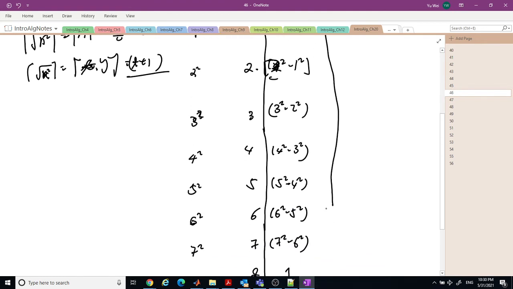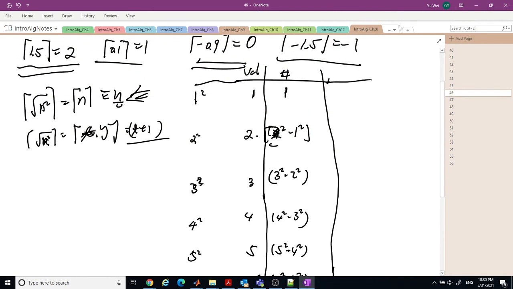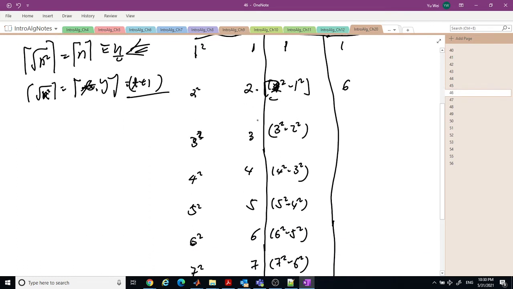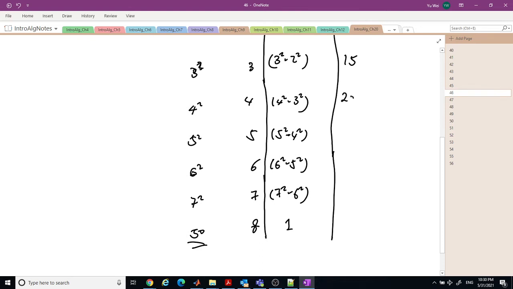Now let's see the total, the subtotal for each category. The sum here is 1 times 1, right? Here is 3, 2 times 3 is 6. Here is 3 times 5, which is 15, and 4 times 7 is 28.